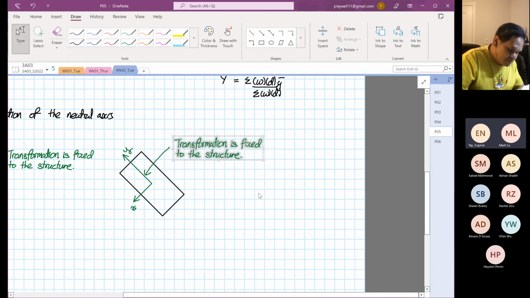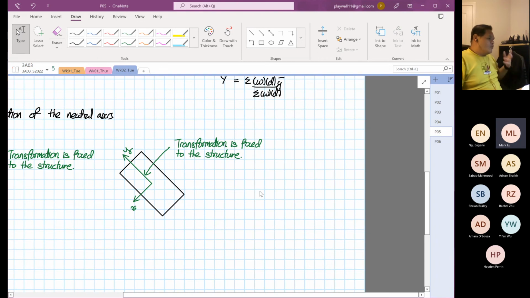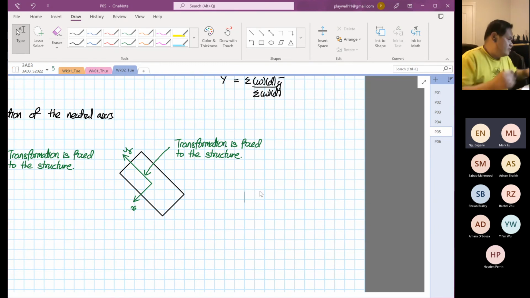It's important. Now, the question you asked me, Eugene, why? Can anyone tell me why the transformation is fixed to the structure? Anyone? Why is that the case?